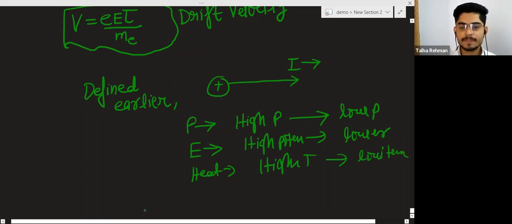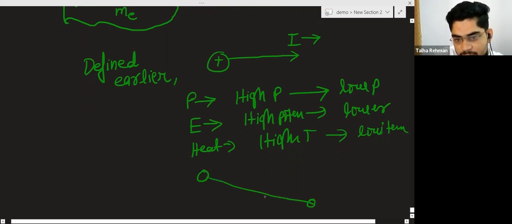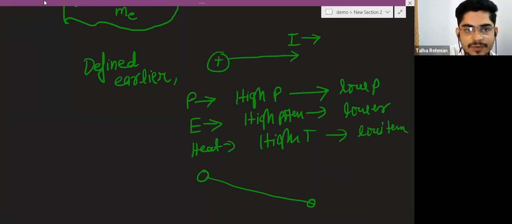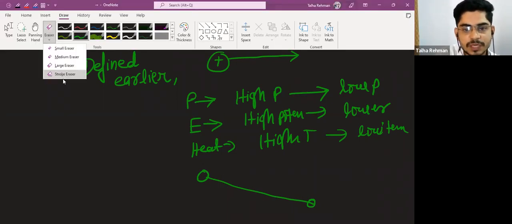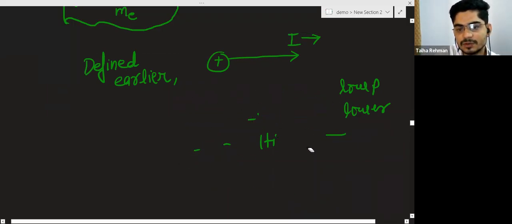And if a body wants to be stable, it will try to reduce its potential energy. If you place a body here, it will move in this direction naturally, not forcefully. Everything is trying to regain stability. So they said that the direction of current is from positive to negative, and that's fine.